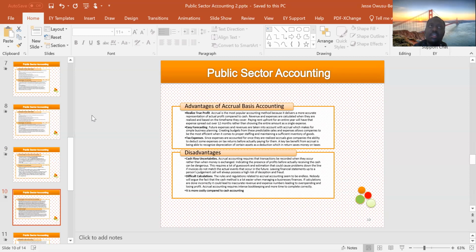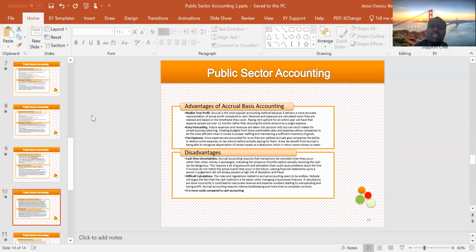When you initiate the transactions, if it's not a cash transaction, there's usually a follow-up in terms of the receipt or the payment of cash. So you would have to take note of that. And if you don't do that properly, it can lead to a lot of inaccuracies. That's why the cash basis of accounting is simpler, but this one is a bit complex and difficult.